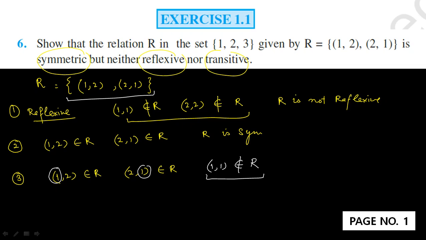Now what is the meaning of this? It means relation is not transitive.